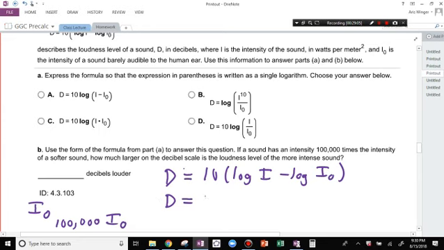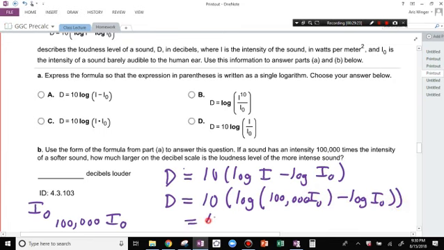So then this is 10 times the log of 100,000 I naught minus log of I naught.